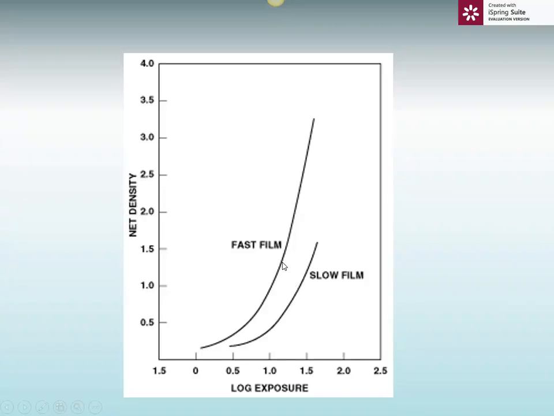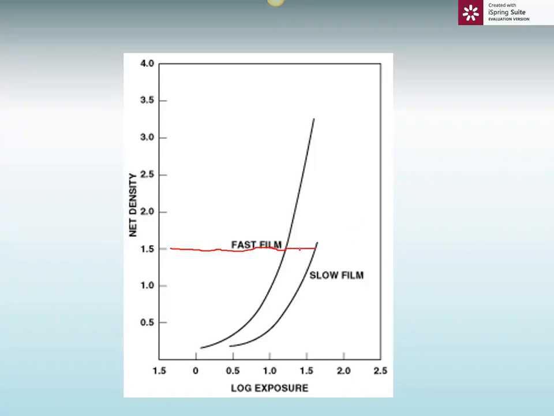The first one here is the more responsive, faster speed film because it does everything with less radiation. The slower speed film requires more radiation to get a similar response. So let's say, for example, we want a density of 1.5 and you drag this across from 1.5, you will get a response from fast film sooner than you will from slow film.